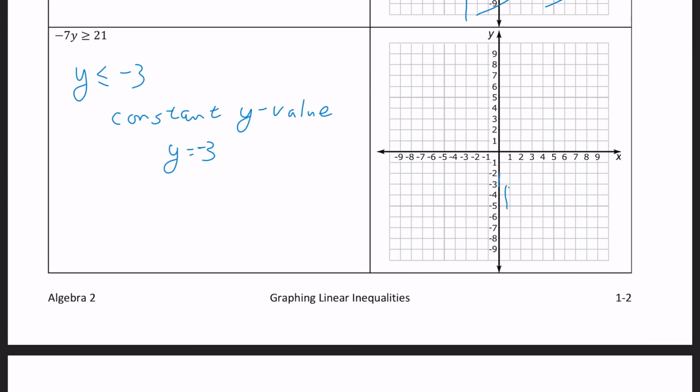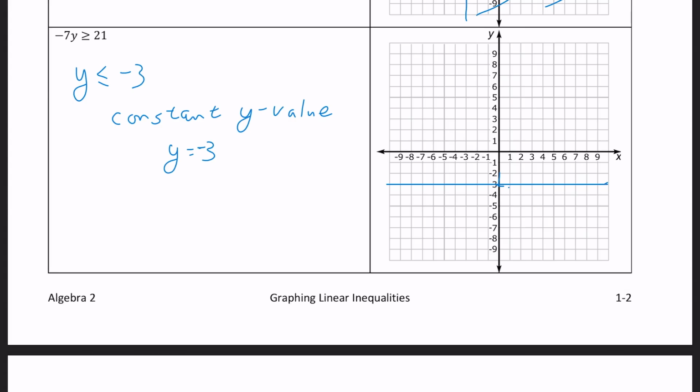And again, the answer is no. Now move your pencil to the right and ask yourself, is the y value of my pencil still -3? And the answer is yes. So no matter how far I move that pencil left or right along that grid line at -3, the y value is a -3. So that's how I decide how to draw the horizontal line.